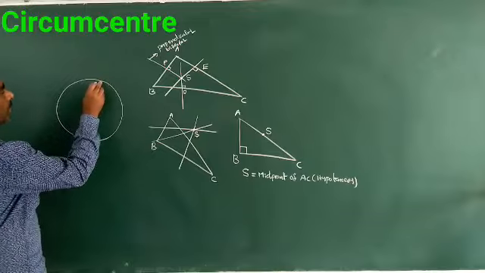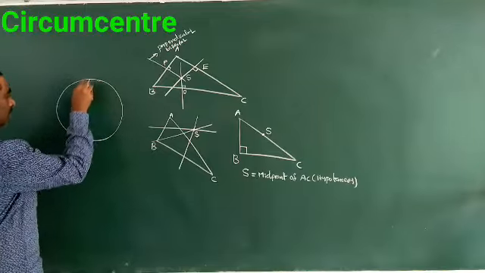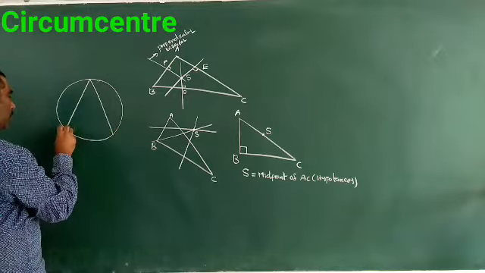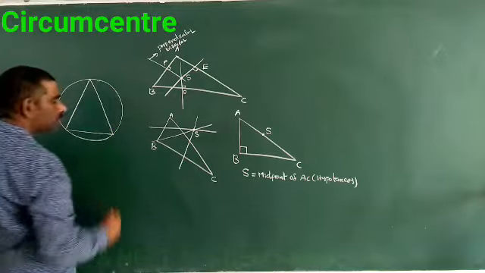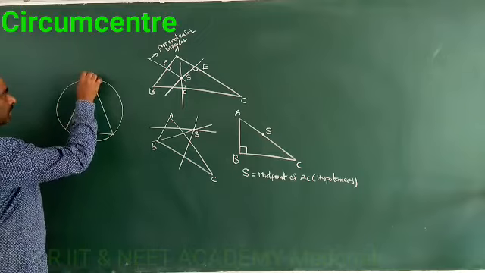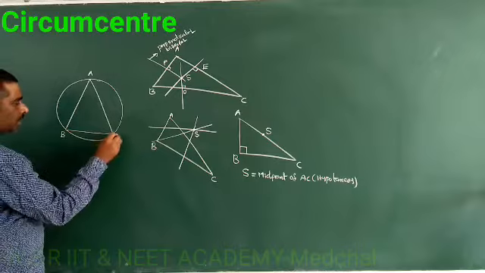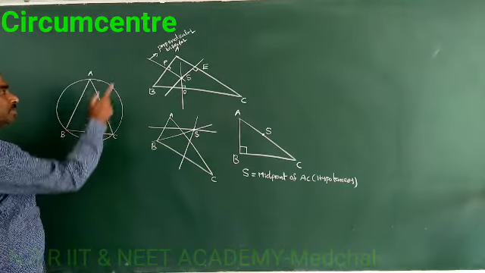Similarly, we have the circumcircle. Circumcircle means the circle that touches the vertices of the triangle from outside. The circle that touches the vertices of the triangle outside is called the circumcircle.